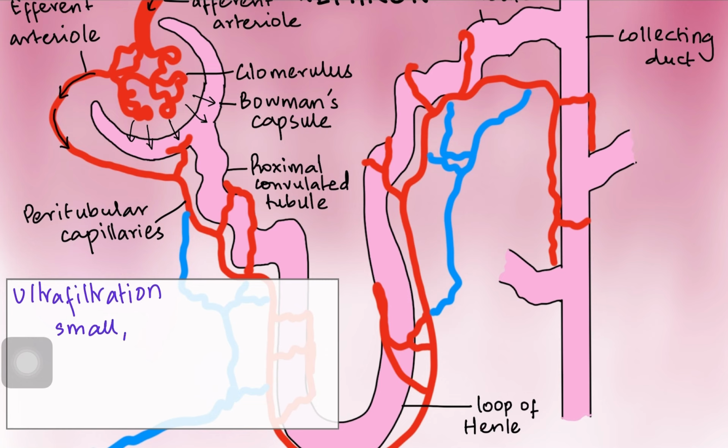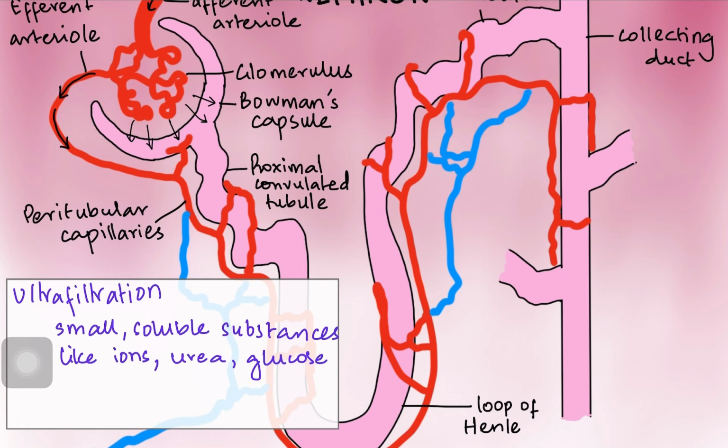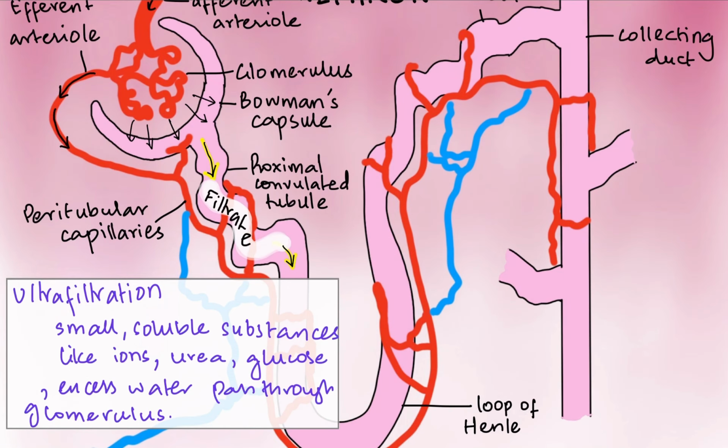So small soluble substances, for example, ions, urea itself, glucose because it's very small and soluble, amino acids also, excess water also, they pass through this Bowman's capsule membrane and they go from the glomerulus into the Bowman's capsule. That is called ultrafiltration. And then everything that goes inside is known as the filtrate.